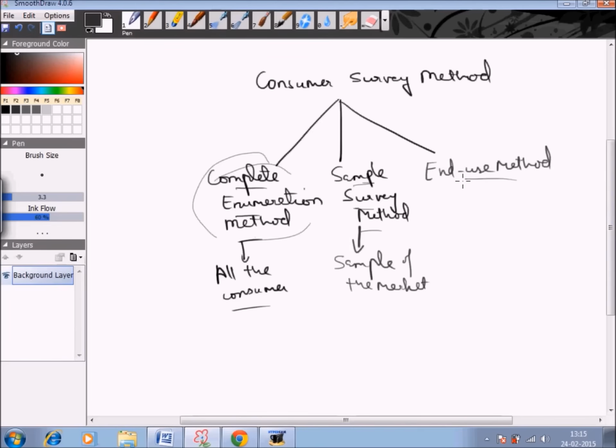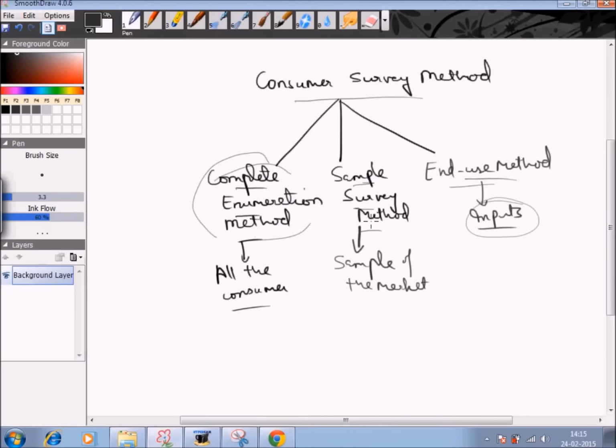Now, the end use method of demand forecasting is used for estimating demand for inputs of a product. Making a forecast by this method requires building up a schedule of probable average future demand for inputs by consuming industries and various other sectors. So under the end use method, we actually forecast the demand for the inputs which are required to make a product. So these are the three methods under the consumer survey method.